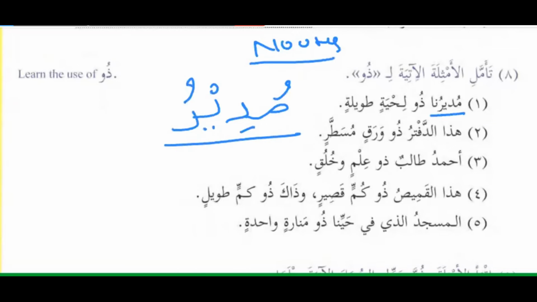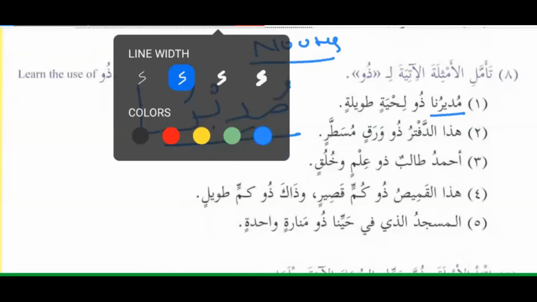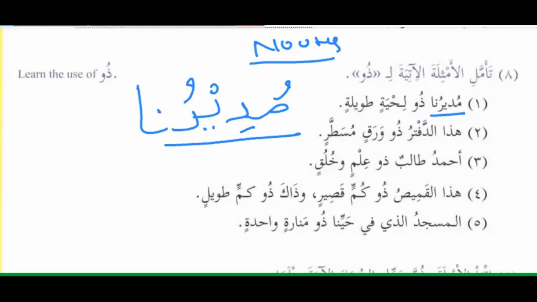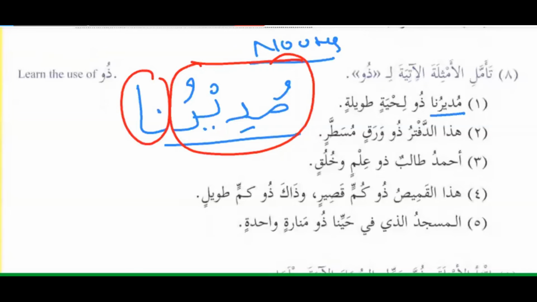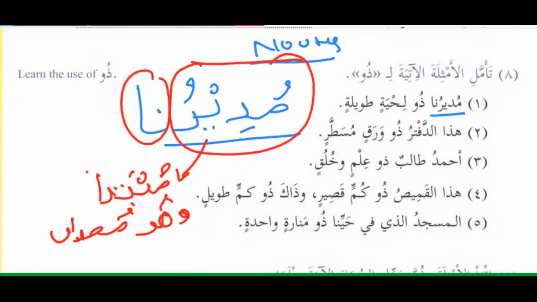Now I have to say our principal, so I will say mudiruna. This is muzaf and muzaf ilay, like sayyaratul mudiri. Likewise, I say mudiruna. Or I can say this is mubtada, and huwa muzaf, and na is muzaf ilay. This we know. Mudiruna, our principal.